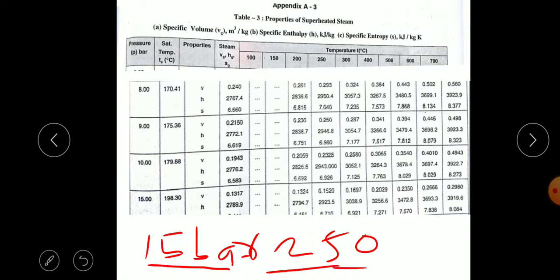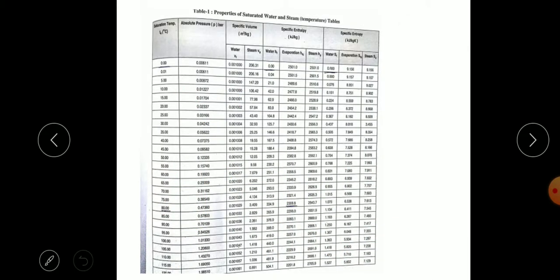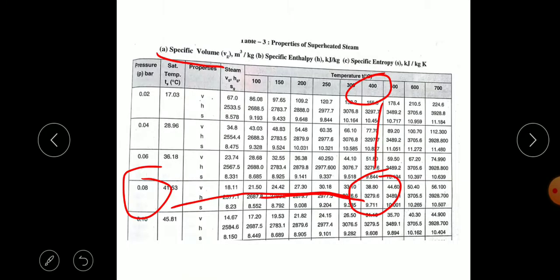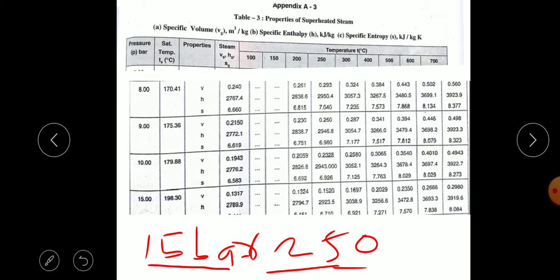We can see in the previous table, corresponding to 15 bar, the saturation temperature is 198. So the given temperature of 250 is more than the saturation temperature. That means the steam is in the superheated condition.